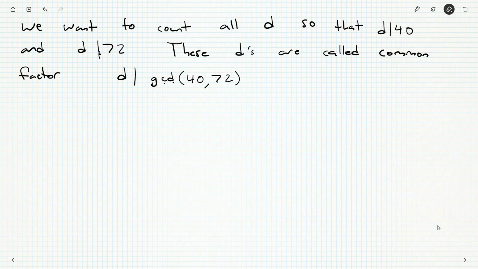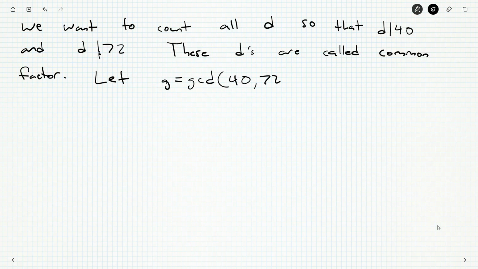Okay? You could even say something like, let G be the greatest common divisor of 40 and 72. We'll deal with what that number is in just a moment. If D divides G, well, G divides 40 and G divides 72.